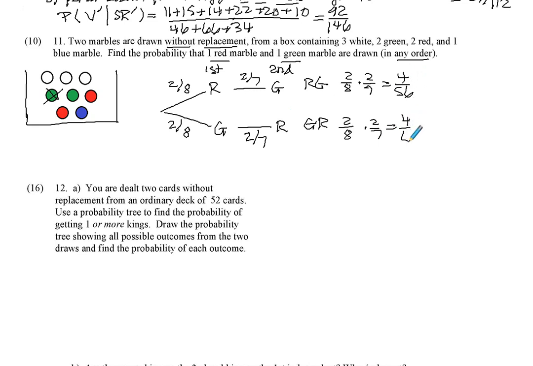And then to get one green and 1 red means we could get red green or green red. So we want the probability of red green or, which is a union, add green red. So this is going to be add the 2 probabilities by the addition rule.